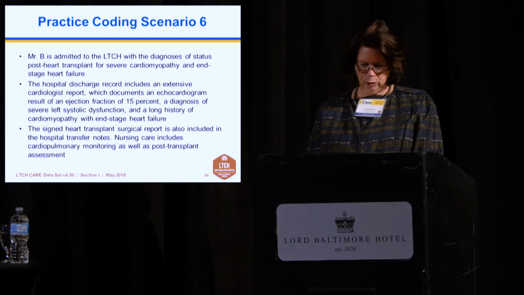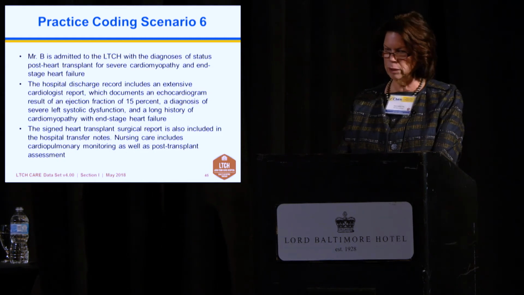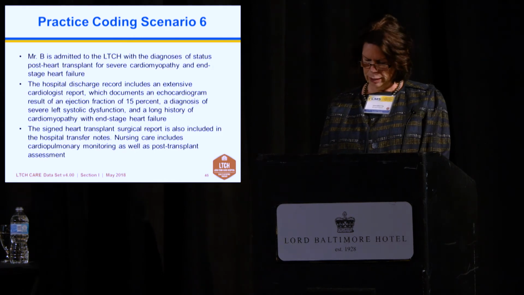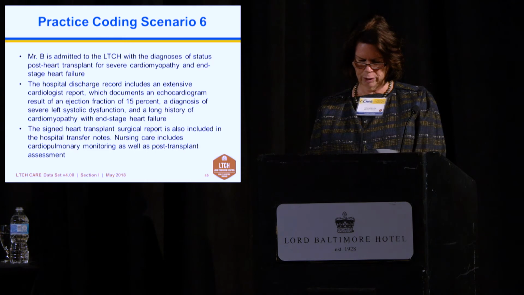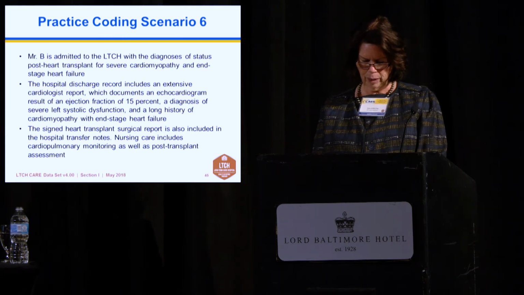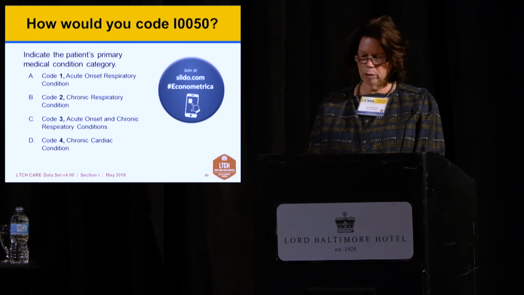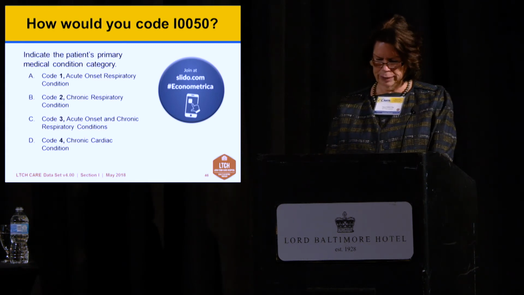The signed heart transplant surgical report is also included in the hospital transfer note. Nursing care includes cardiopulmonary monitoring as well as post-transplant assessment. So how would you code I0050 in this scenario?